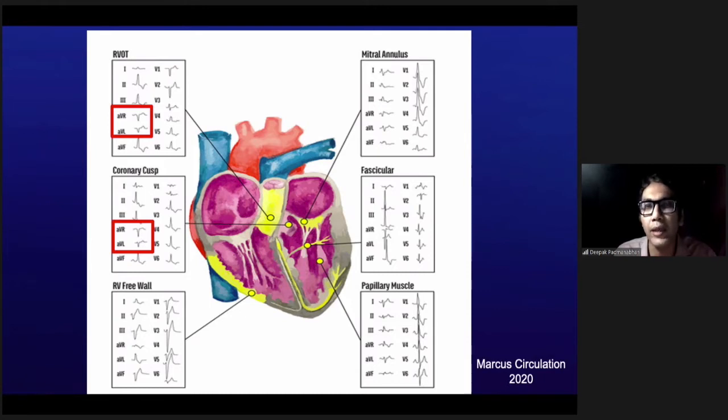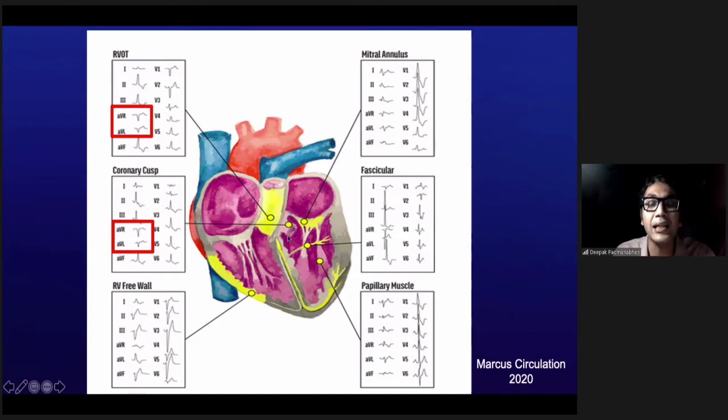2, 3, AVF, as is commonly quoted as the sine qua non for an outflow tract arrhythmia, is usually not very accurate, because you can have PVCs coming from the inflow-outflow septum of the right ventricle close to the conduction system, where 2, 3, AVF may be positive, but AVR and AVL will be distinctly different. So a negative AVR and AVL is the clue that that particular arrhythmia is coming from the outflow tract.